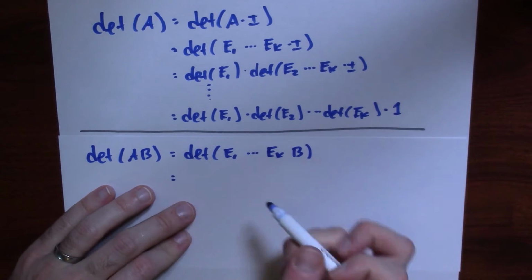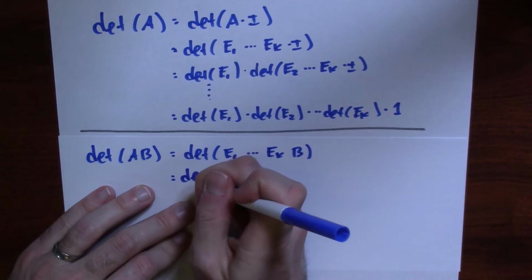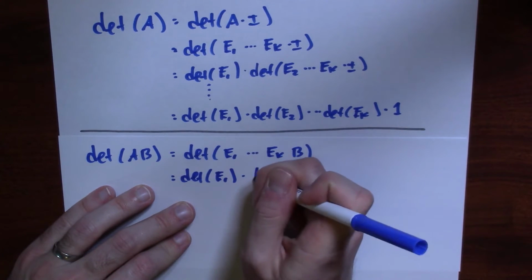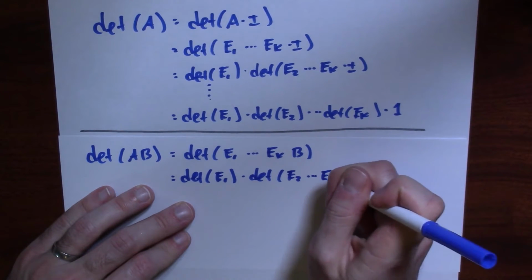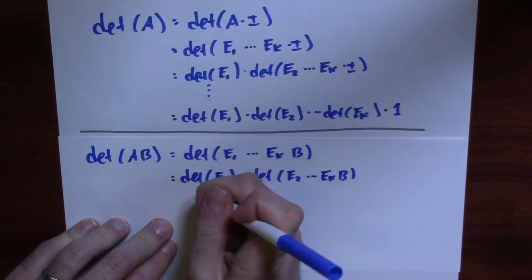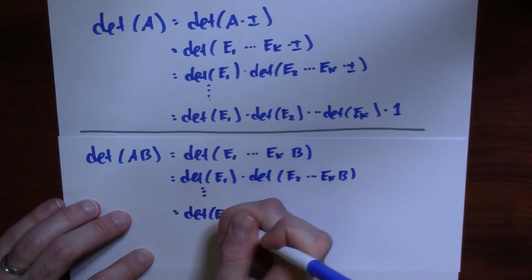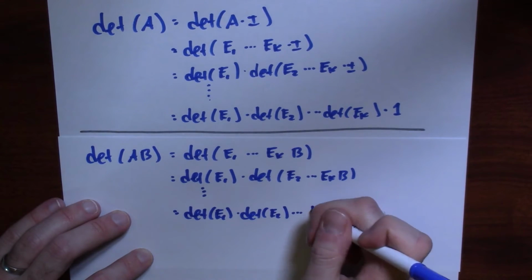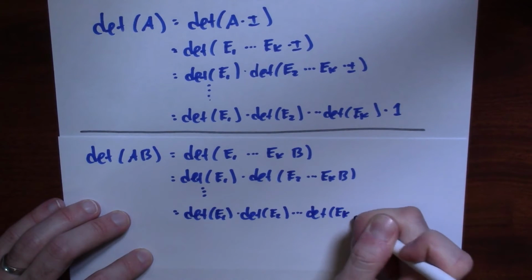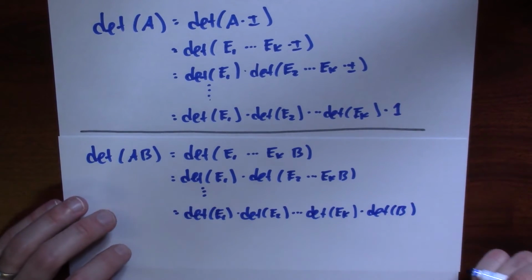Using the lemma, the determinant of E1 times the rest is the determinant of E1 times the determinant of E2 through EK times B. Repeating that lemma, I'll eventually conclude that this is the determinant of E1 times the determinant of E2, times the determinant of EK, and then what's left over is the determinant of B.